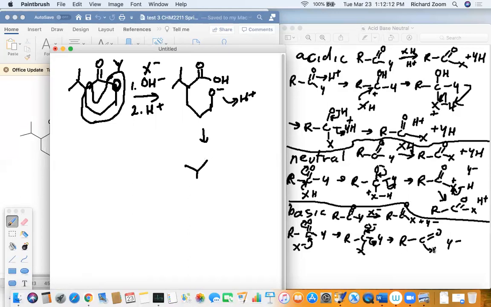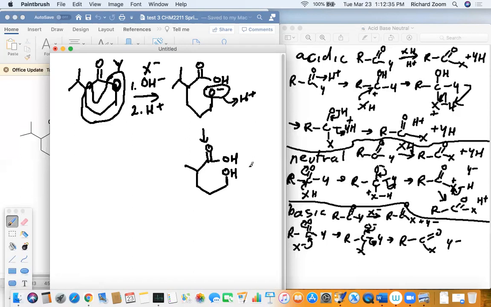But again, it's following this same pattern. The O minus here happens to be the Y minus. So even the cyclic ones follow that same kind of pattern.